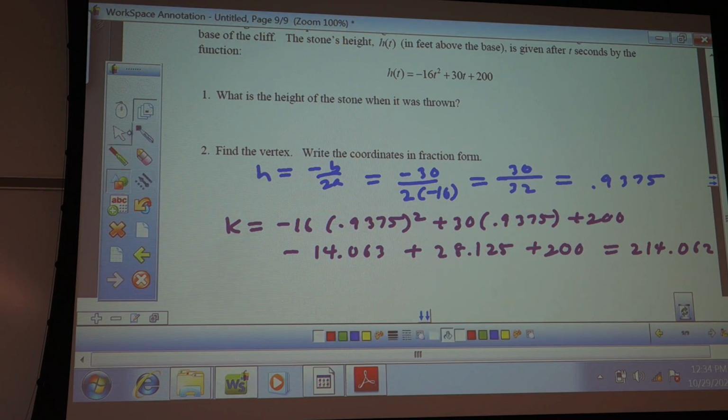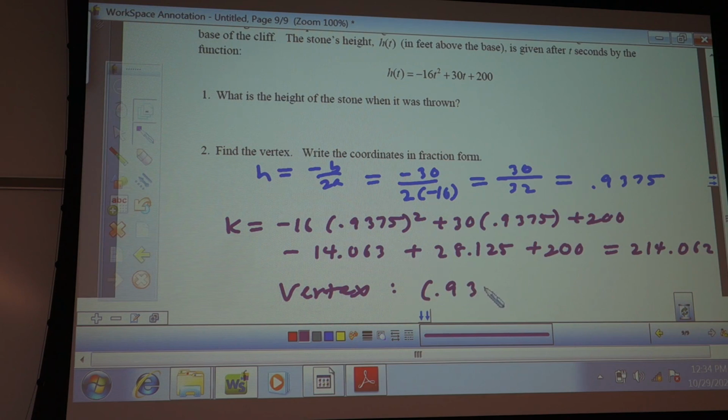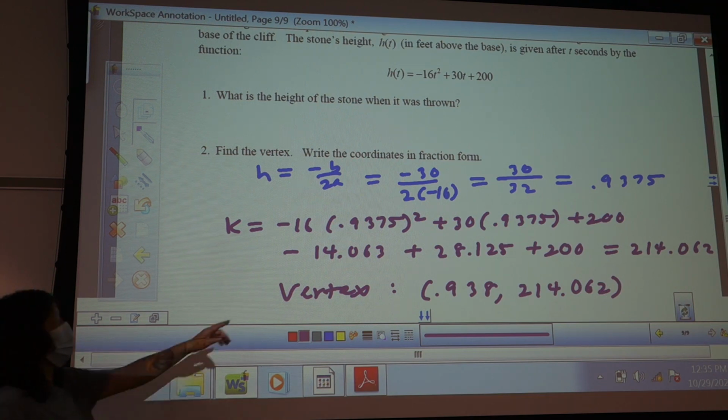And he said, okay, my vertex is going to be 0.93, 214.062. If you round it, you can do it like that even. That's fine. But I would say don't round.